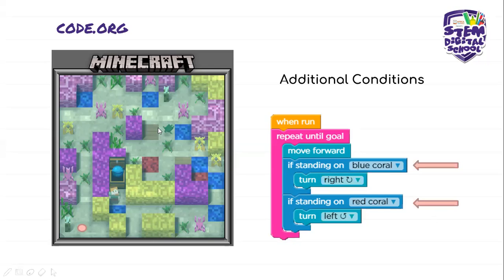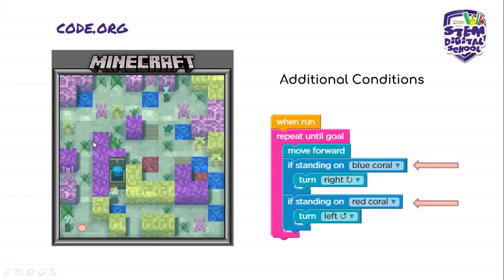On my computer screen, this part is very, very light. But on my pad, it is nice and bright. Okay, guys, so for example, here we go. We have a treasure and we have to collect the treasure. And we only have these blocks available to us. So if standing on.